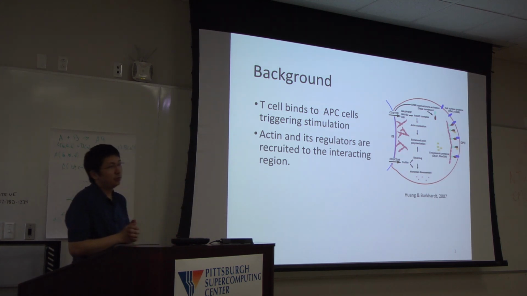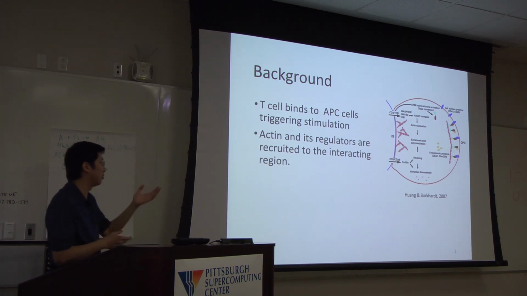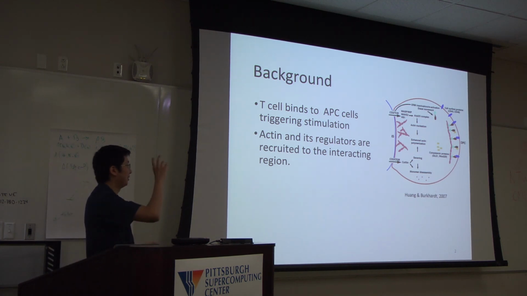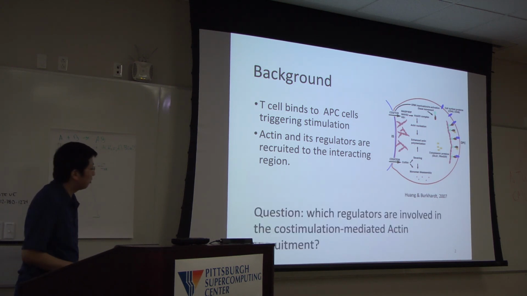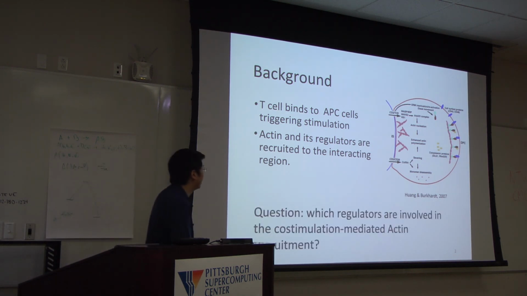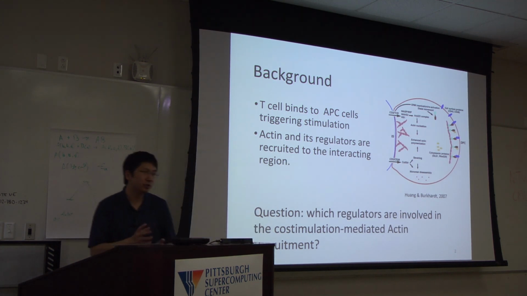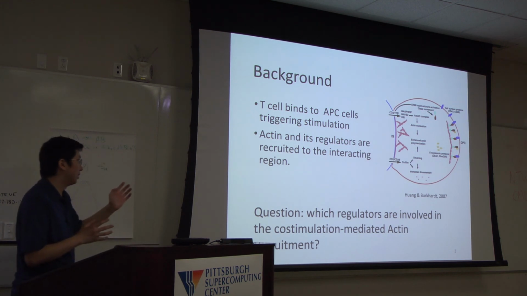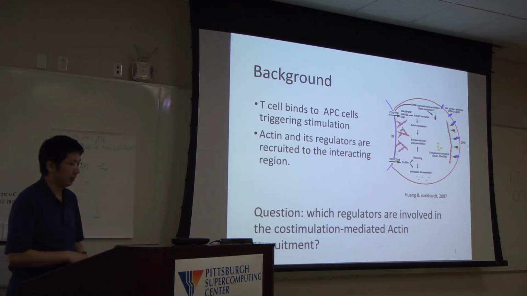We define the interaction region, also called the synapse, but it's not the same definition of synapse as in neurons. There are a lot of actin regulators, and some may work in this process, some not. So the question is, we want to find the regulators that are involved in this process.